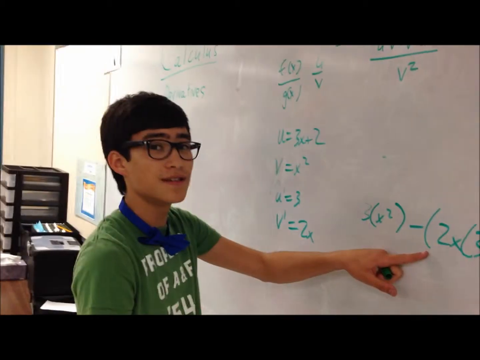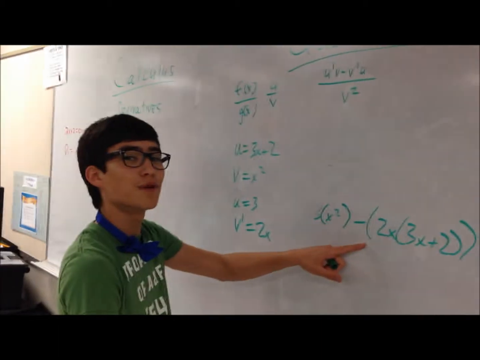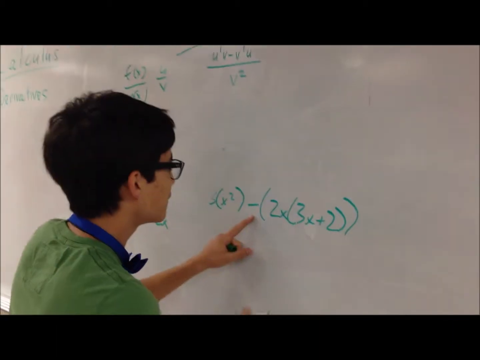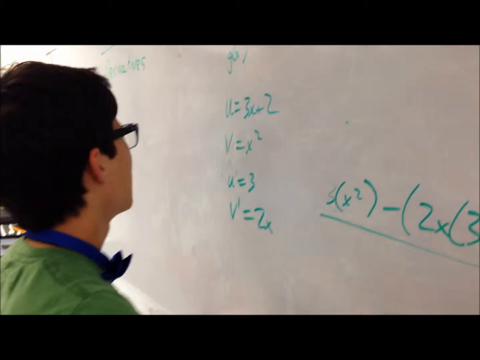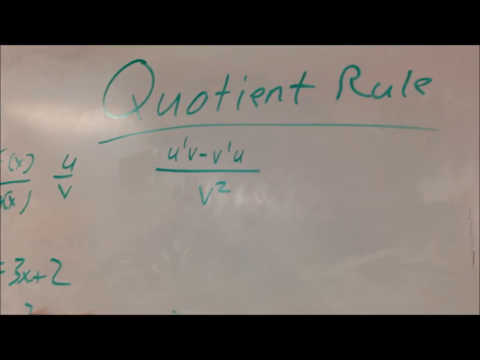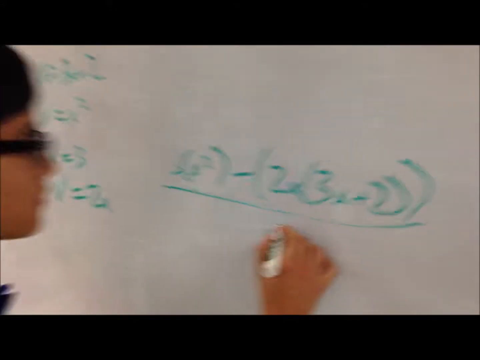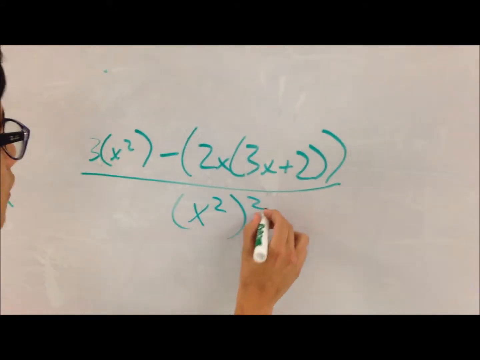Don't forget your parentheses, because then you have the negative to eventually distribute. Then you have the v squared, which is x squared squared.